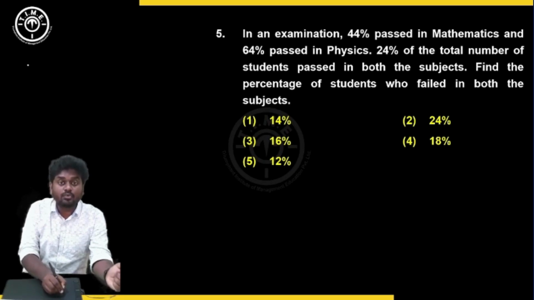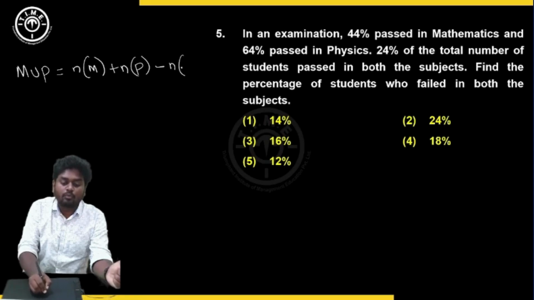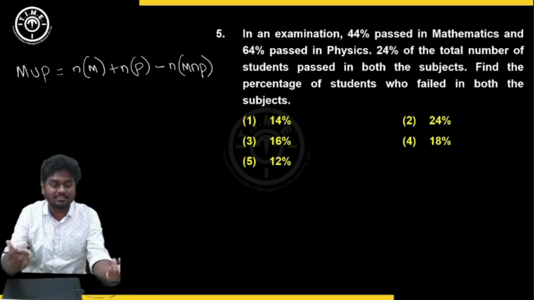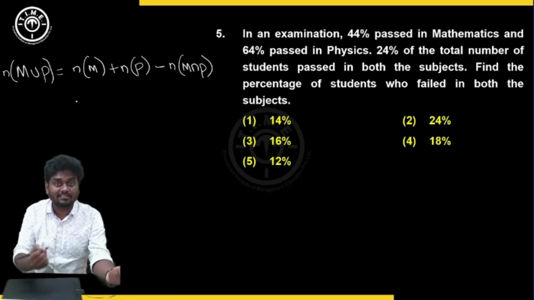If I do union, that is maths union physics, it is nothing but number of people who passed in maths plus number of people who passed in physics minus number of people who passed in both maths and physics. We call that intersection, right?